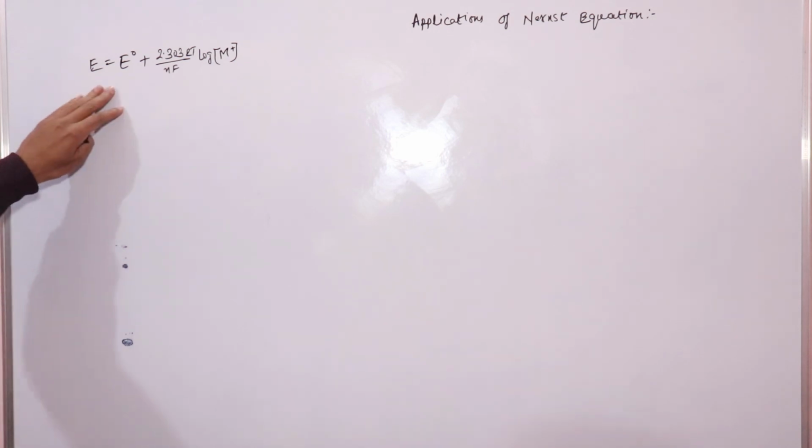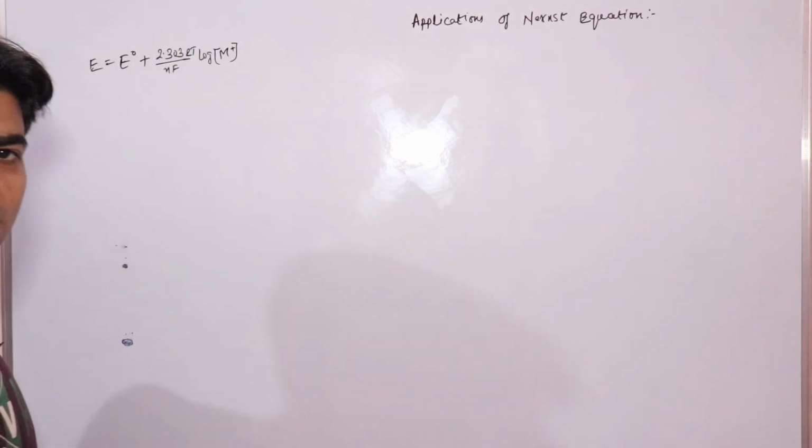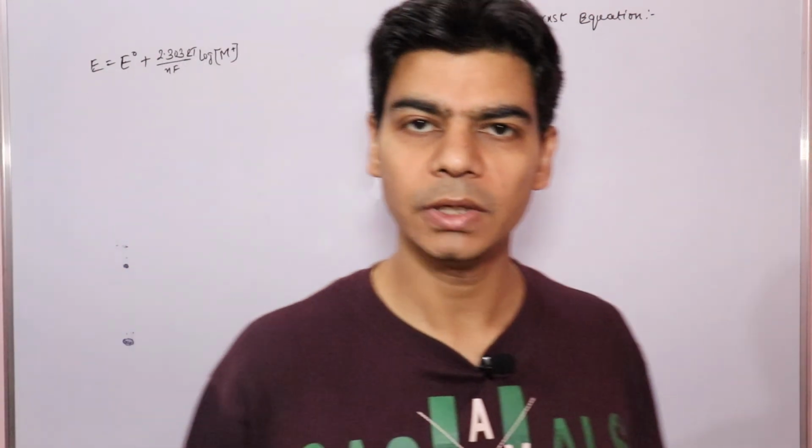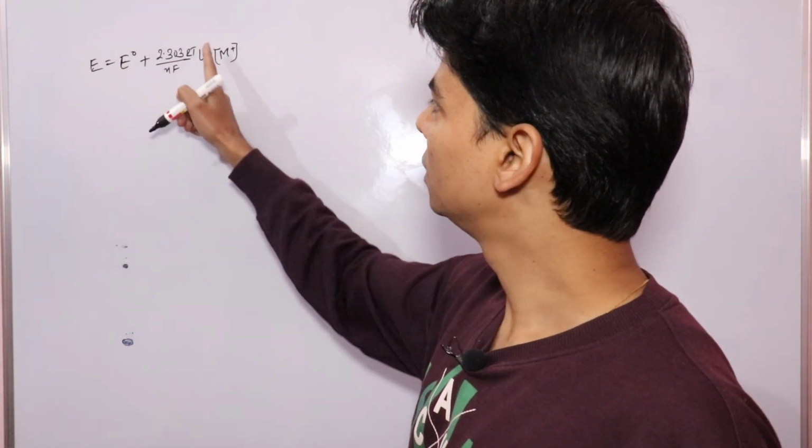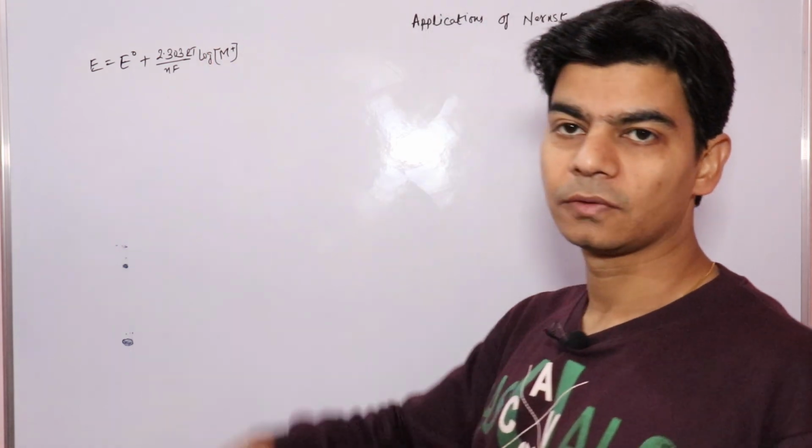Right, this is the Nernst equation, and we have already done two lectures on it. In the first lecture, we understood that electrode potential depends on temperature and concentration of ions.